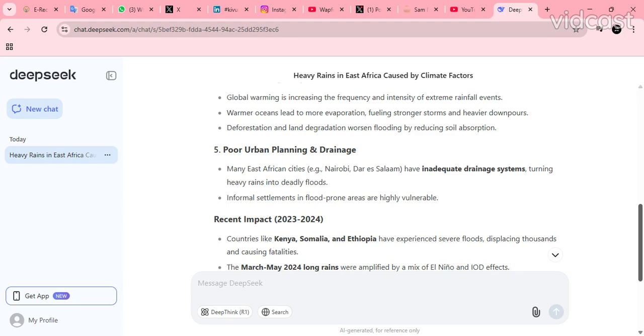This poor urban planning is normally in the context of mainly the DRC, where people settle in informal settings. They construct houses and other buildings near rivers and flood prone areas, especially near city swamps, and without good water channels that the water may pass through to the river, especially the Congo River.